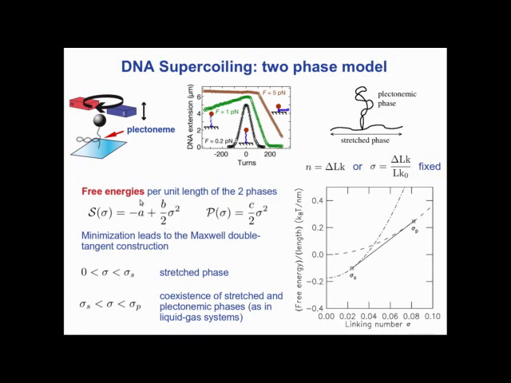Okay, and we are going to do this analysis and this construction a bit later, but in the next 2-3 slides we are going to discuss in more detail the free energy of the straight phase. For the free energy of the plectonemic phase, we can do some analytical calculations, and for the straight phase it is quite simple.